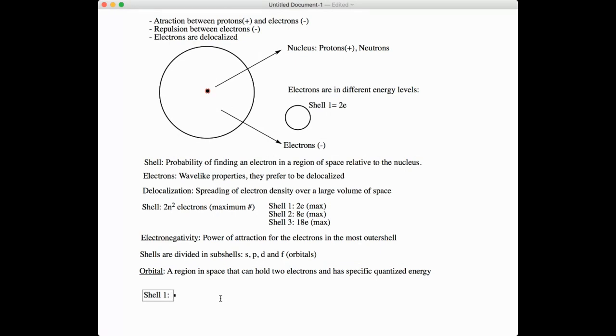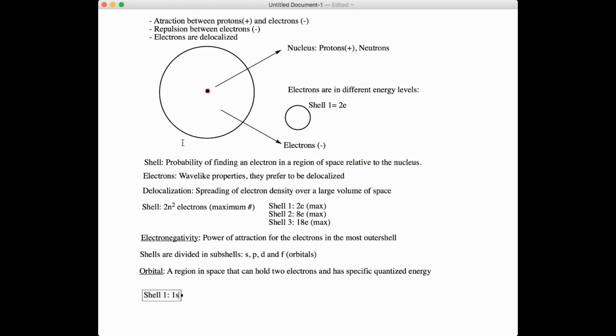What's the maximum number of electrons that we can have on shell number 1? 2 electrons, right? Good. So if we can have a maximum of 2 electrons, how many orbitals do we have in shell number 1? 1 orbital, right?